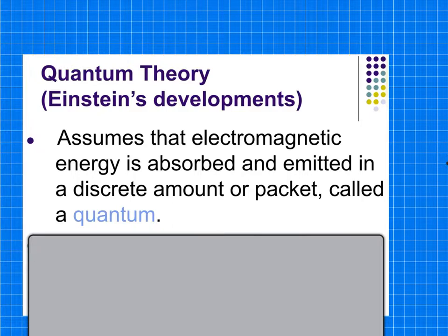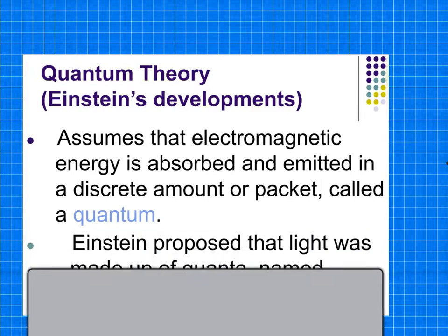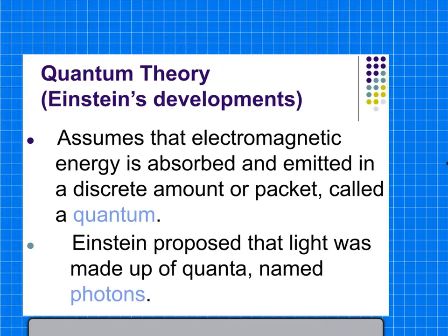So you can't have part of the quantum. Unlike a centimeter, you can have part of a centimeter. It's kind of like you can't have part of a charge. And you can't have part of a quantum. So light quanta are called photons, photo meaning light.